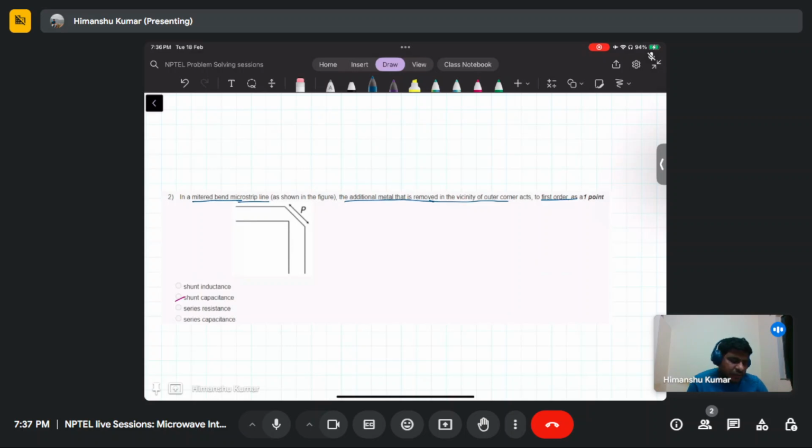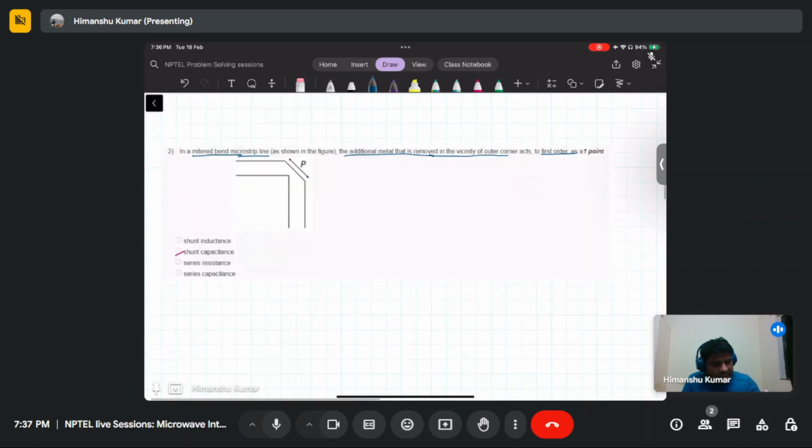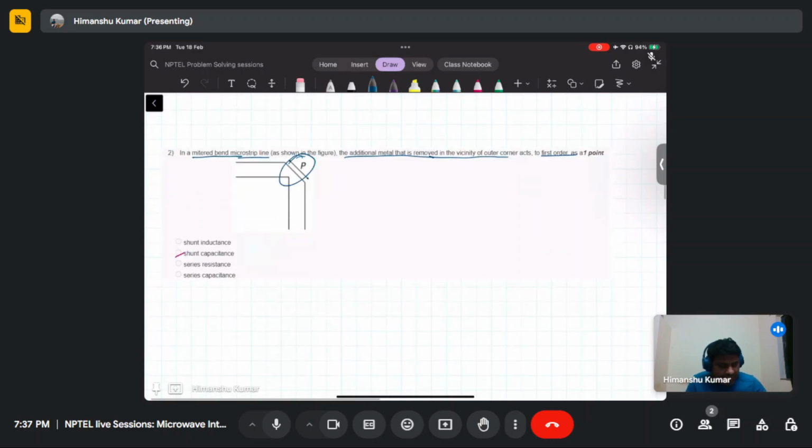Because of the bending, some impedance mismatch is there. So if you add an equivalent shunt capacitance to counter that additional impedance mismatch, then you can achieve matching. So the effect of this is to add a shunt capacitance to have impedance matching.